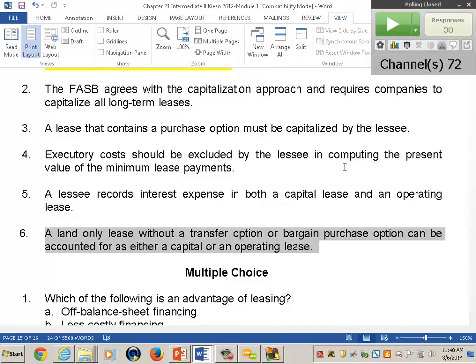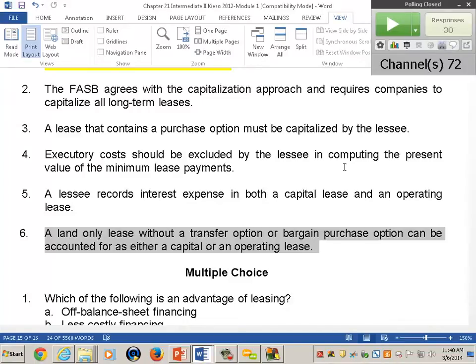And if you look at the 90% test, the present value of the minimum lease payments over the fair value of the asset. In this case, even if the lease is 10 years, when is the residual value?